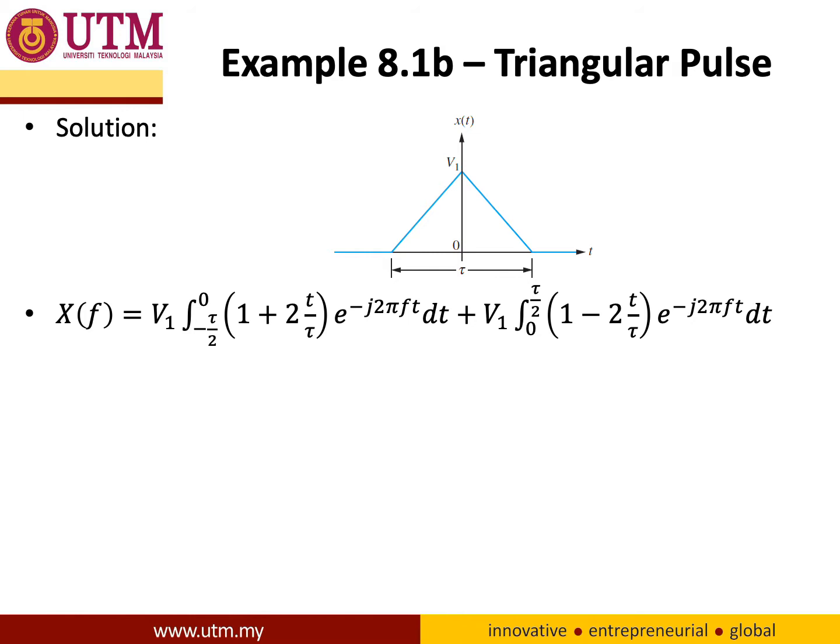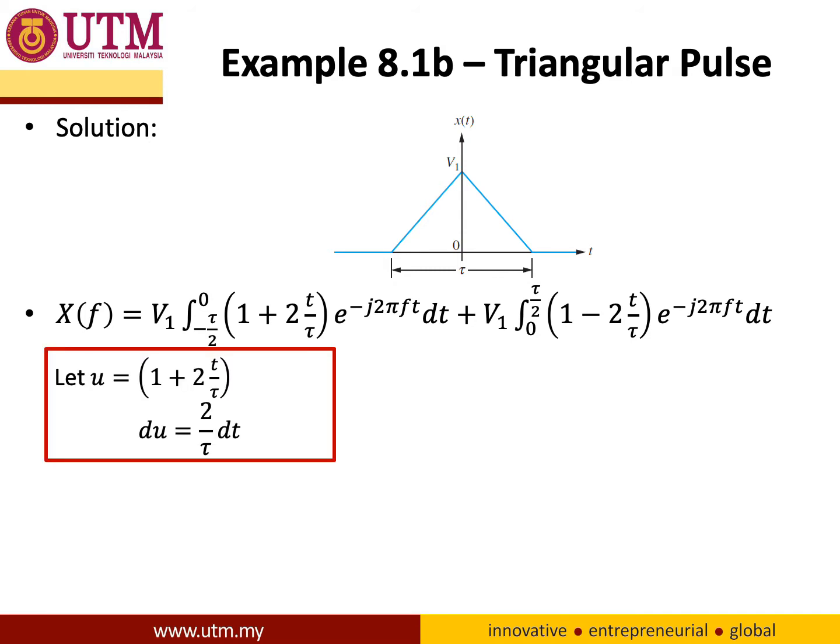The first is between minus τ/2 to 0, and then 0 to τ/2, where for the first part x(t) is 1 plus 2t over τ, and from 0 to τ/2, x(t) is 1 minus 2t over τ.